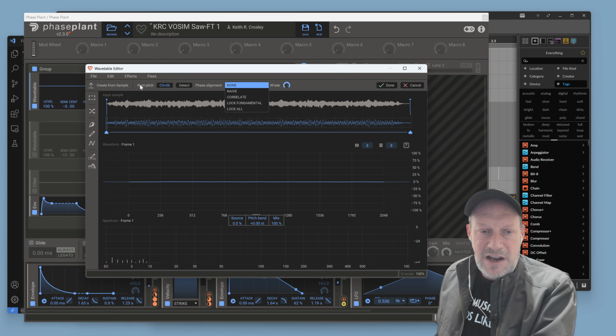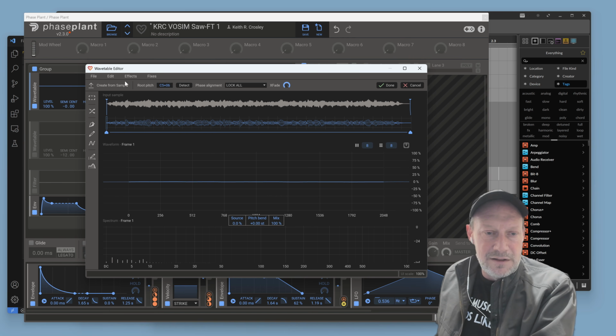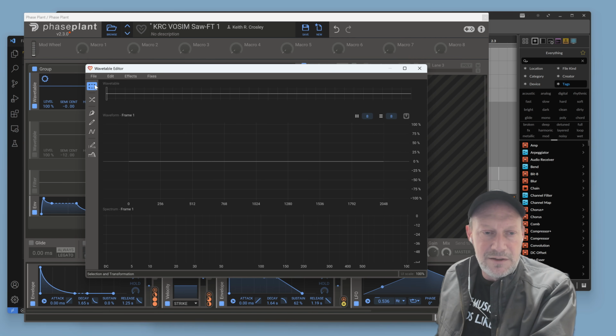Well, this is one of the challenges with sample to wavetable conversion, isn't it? That sometimes it doesn't work, and even if we try to align our phases, we don't necessarily get a very good result. That surprises me. I thought for sure this one would work okay. Whatever.